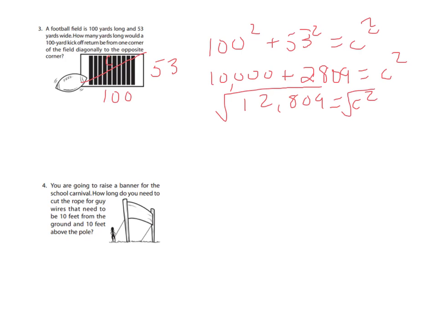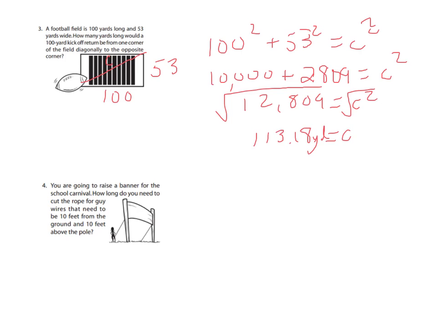Again, I'm going to square root to solve for C. And I find out that C equals 113.18. So that's how many yards they have to run diagonally across the field.